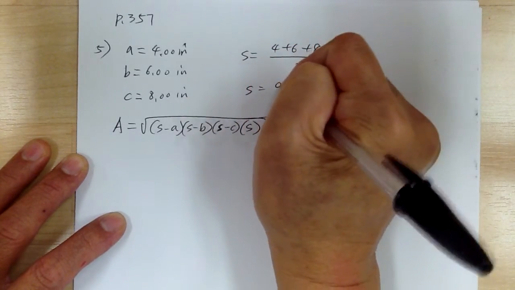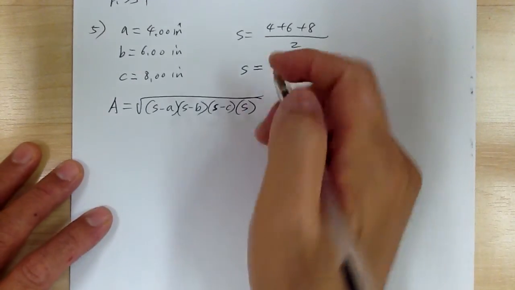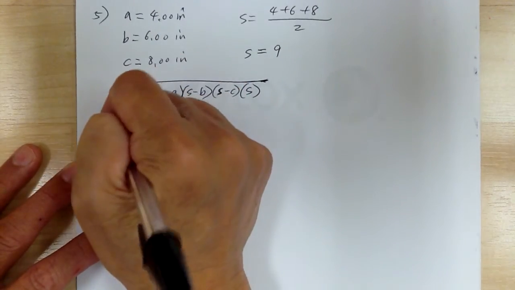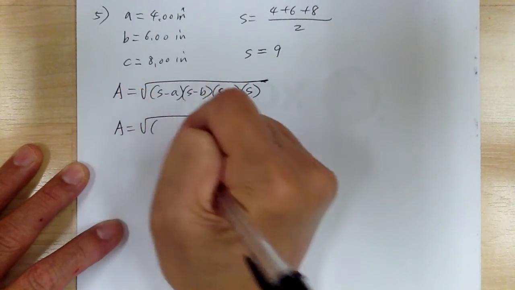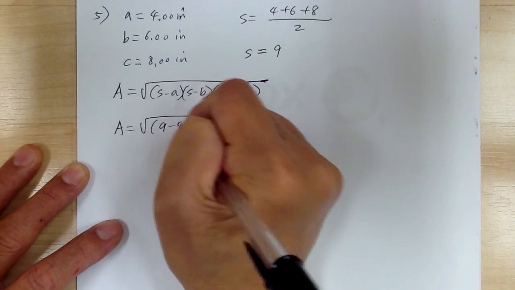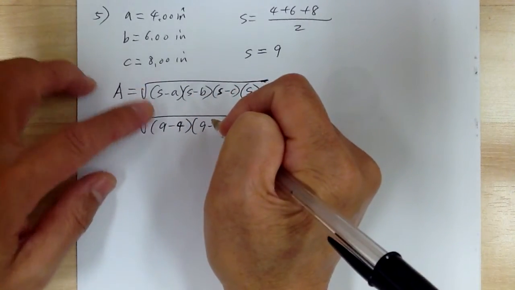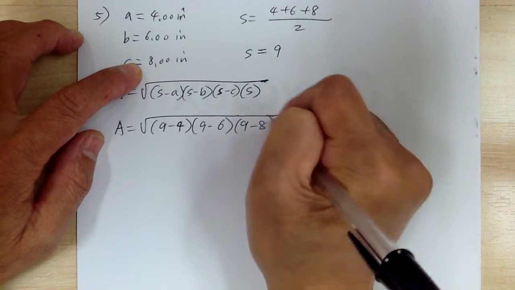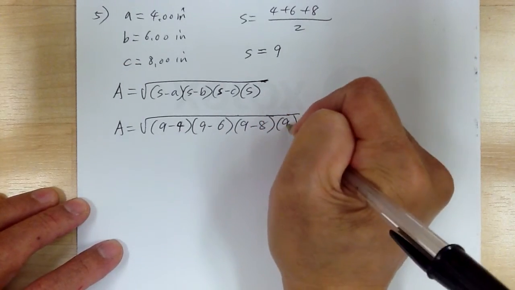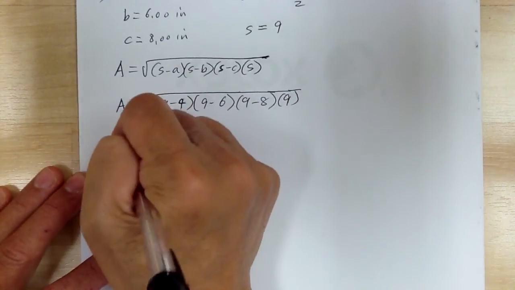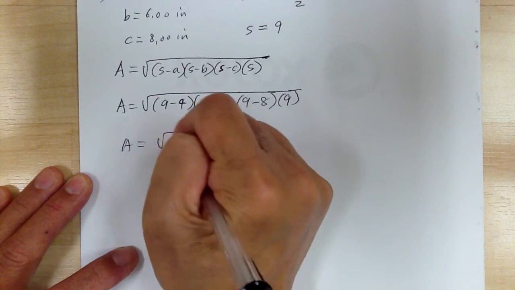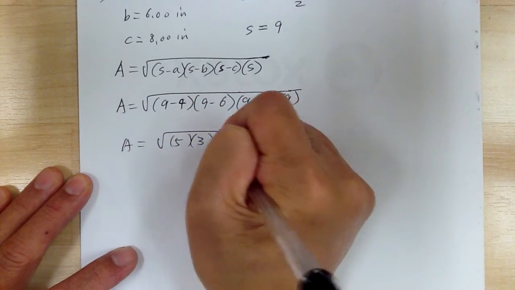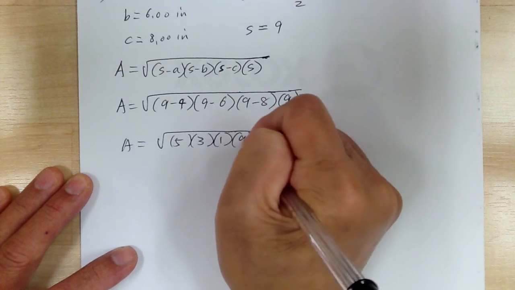So s equal to 9, so half of the perimeter equal to 9. So substituting here, A equal to square root of 9 times 9 minus 4, 9 minus 6, and 9 minus 8. So area equal to square root of 9 times 5 times 3 times 1.